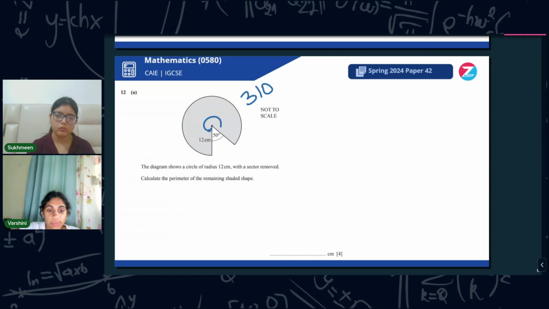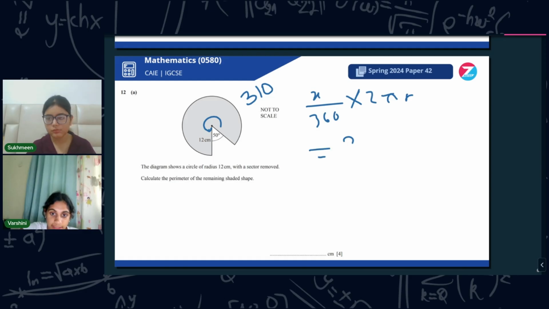And we know that the arc length of this entire sector is going to be x by 360 into 2 pi r. So x over here is going to be replaced by 310.